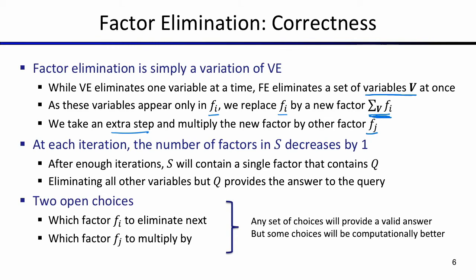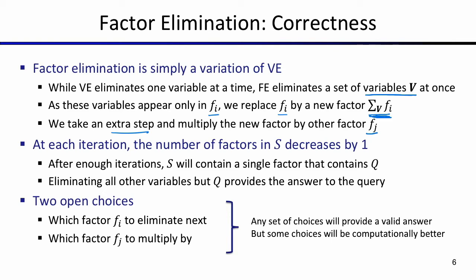It's clear that at each iteration of this algorithm, we're going to eliminate one factor. So we're going to decrease the size of the set S that has all the factors by 1. And after enough iterations of this algorithm, this set S will have only one factor, and this factor is the Fr, the factor that mentions the variable Q. As we have this final factor, we eliminate all the variables that we have in this factor Fr but the variable Q, and that is going to give us an answer to our query.